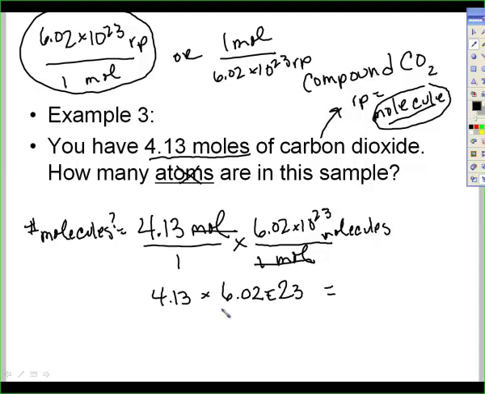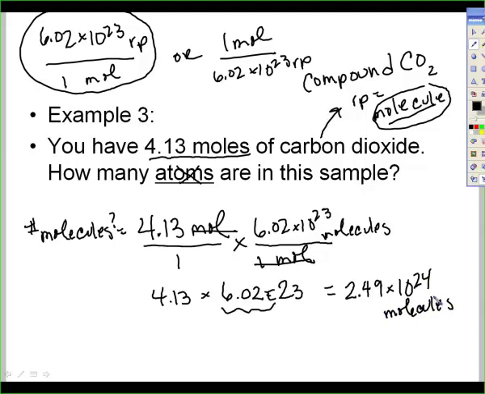It should look like this, and then put in your 23 next to it. Hit enter. We should have 3 sig figs. I get 2.486, so 2.49 times 10 to the 24th molecules.